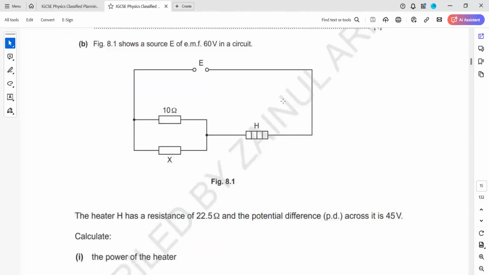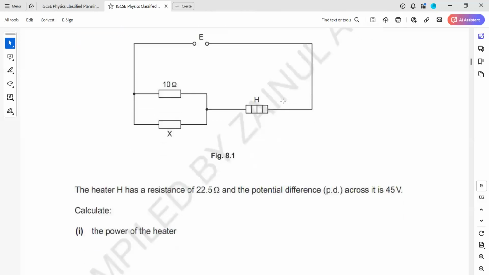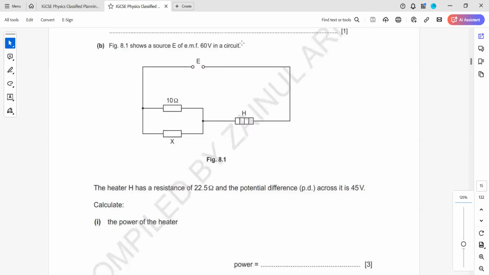Figure 8.1 shows a source of EMF which is 60 V. The heater H is 22.5 ohms, and the potential difference across it is 45 V. So this is a 60 volt supply. This is 45. How much is this one?